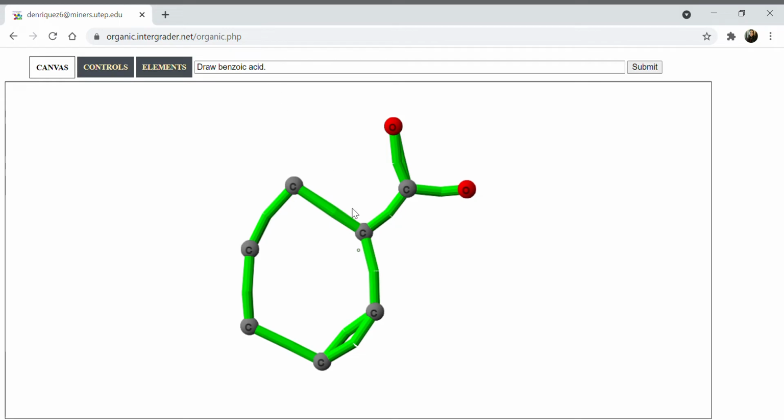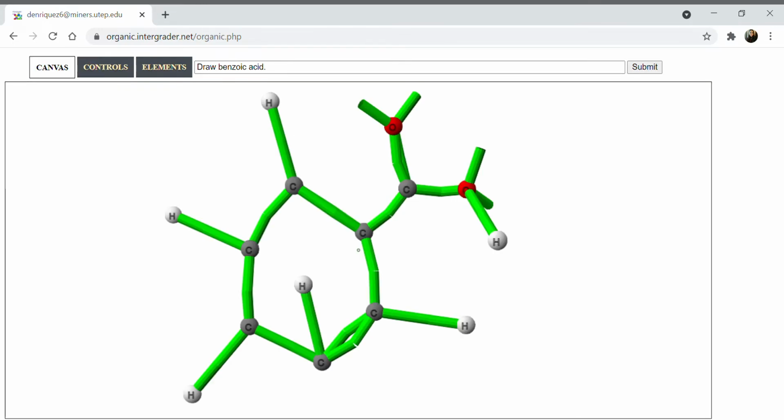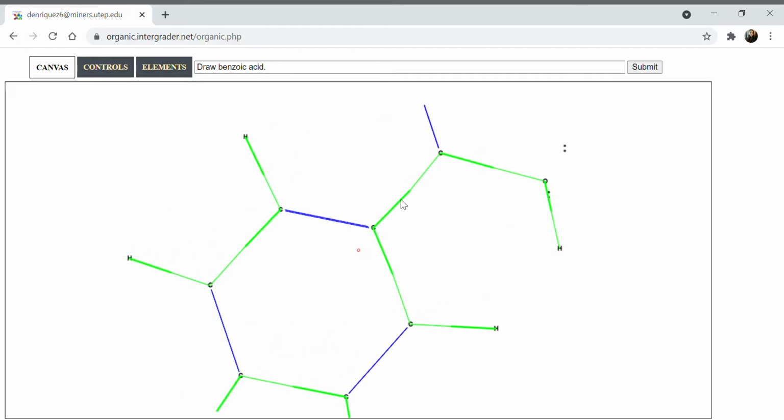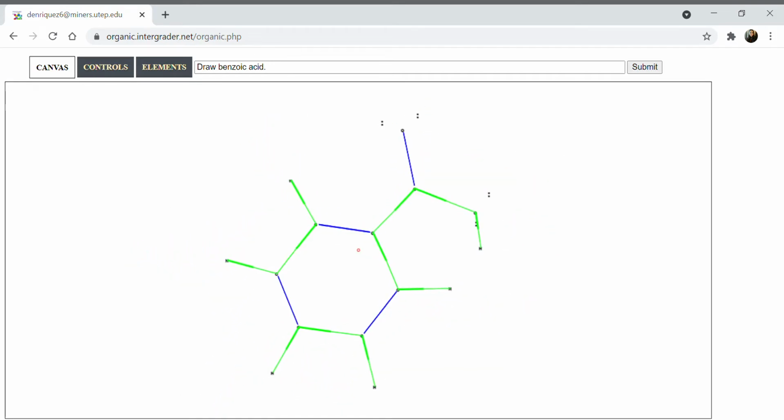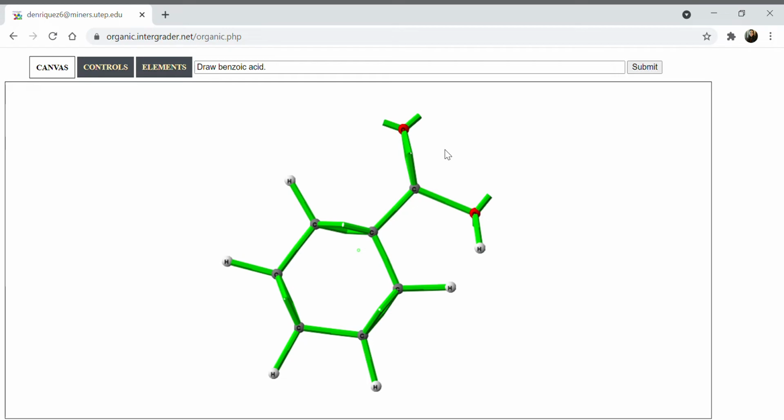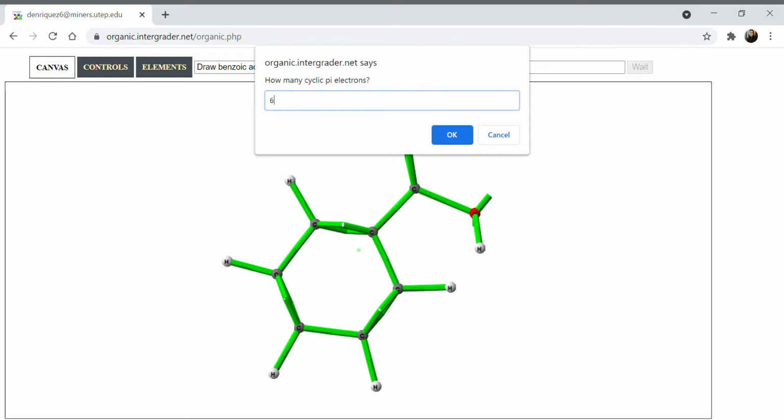There's no O or M or P or anything like that, or hydroxy attached to it. So this is basically all it is: just one carboxyl group attached at the end. So this is the end product. And then I have my 6 pi electrons because I count 1, 2, 3, 4, 5, 6.